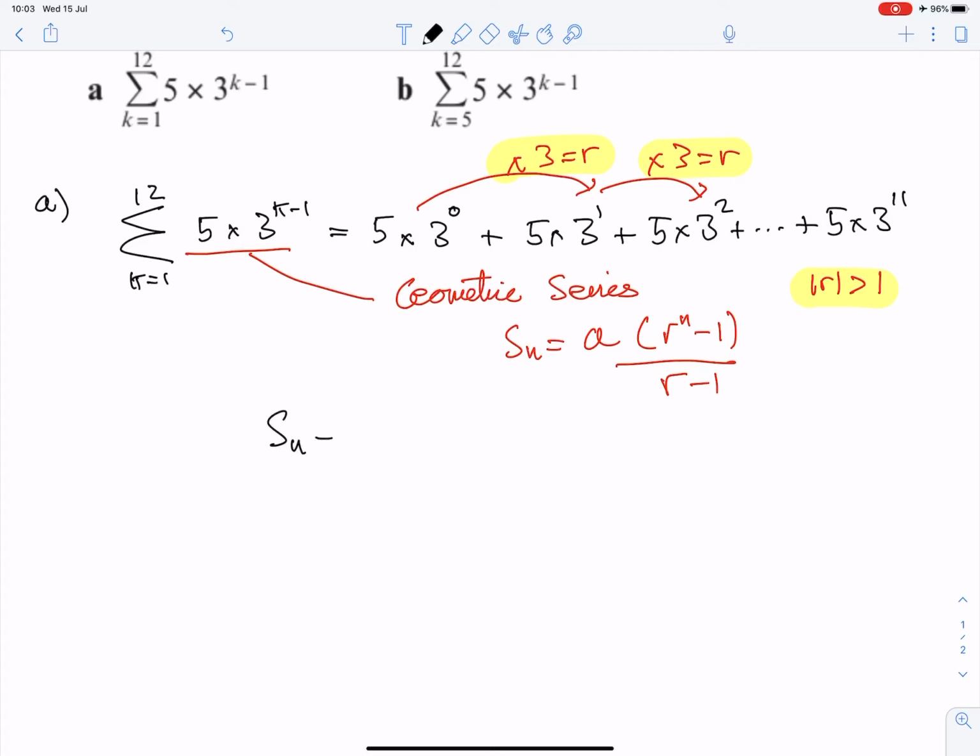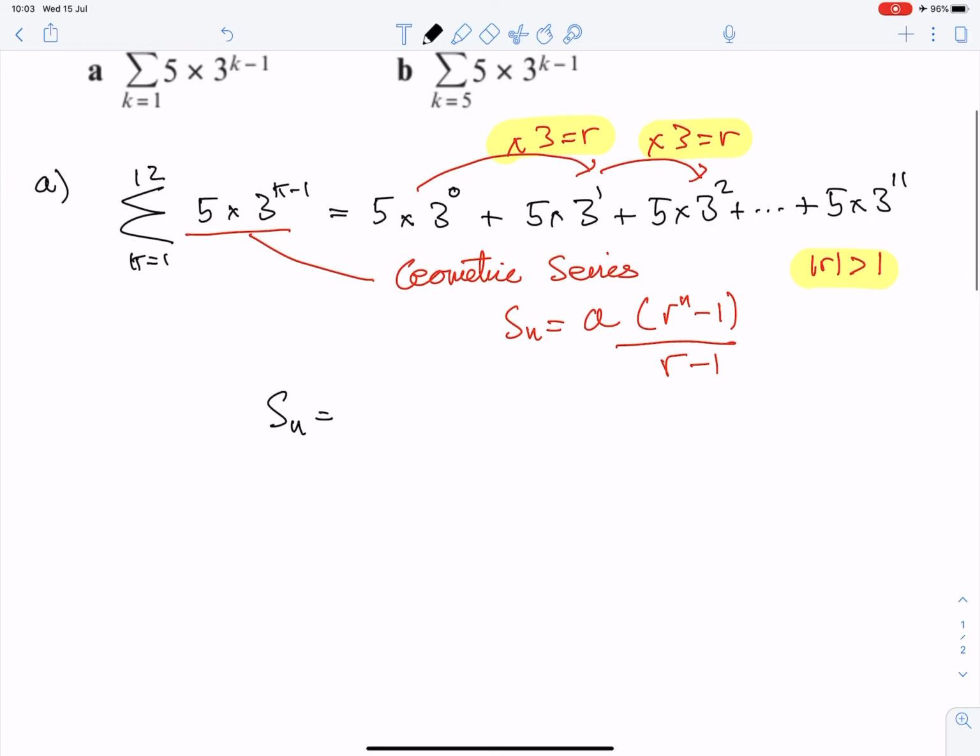So Sn is equal to a. Well, the first term is 5 times 3 to the 0. Well, let's just list these out. A must equal 5 times 3 to the 0. 3 to the 0 is 1, so that's 5. Our common ratio r, we've already identified as 3. And the number of terms is 12, the minus 1 plus 1.